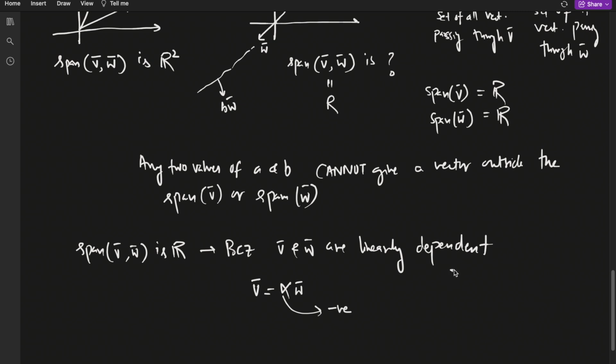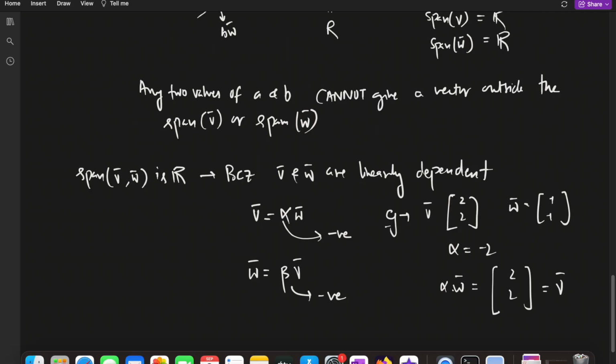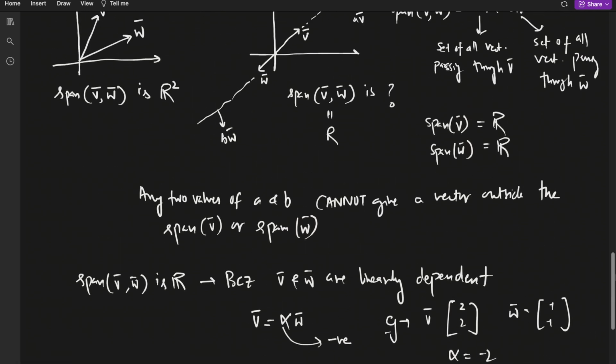So let us suppose, for example, V is 2 comma 2, W is -1 comma -1, then alpha is nothing but -2, right? So alpha times W is 2 comma 2, which is V, and same for W also. W is some beta times V, and here beta is also negative, right?